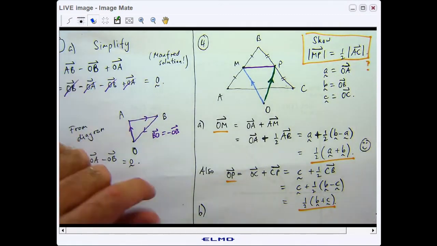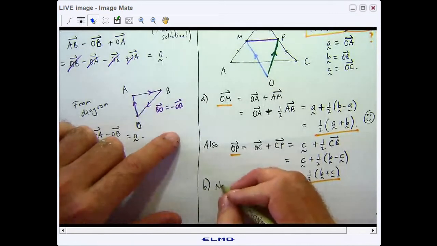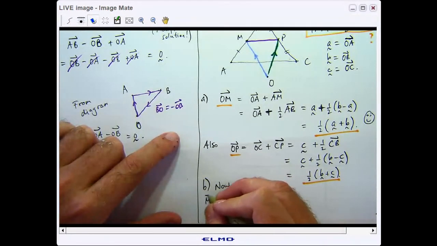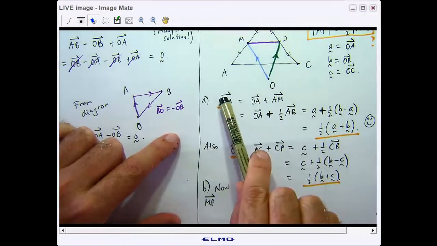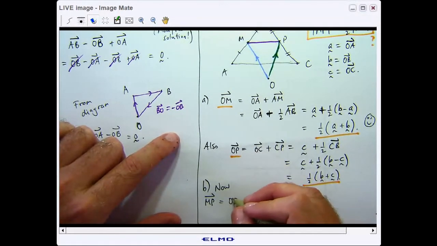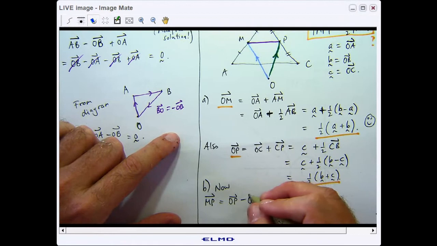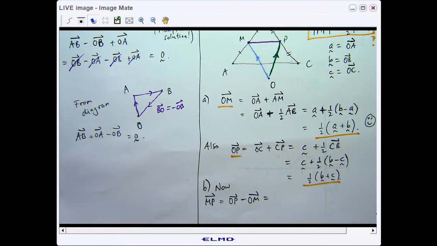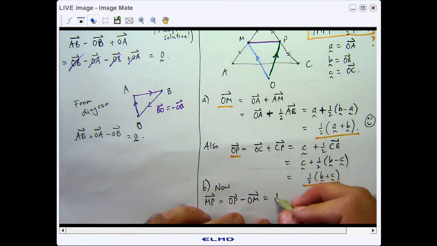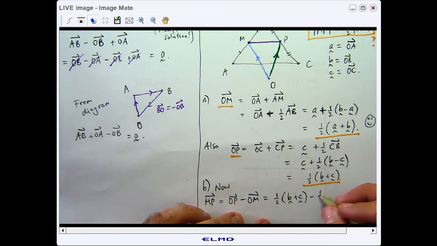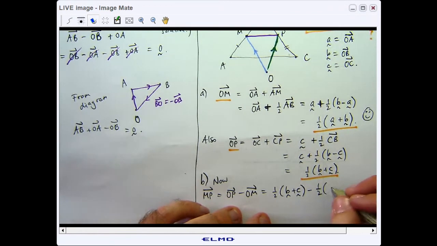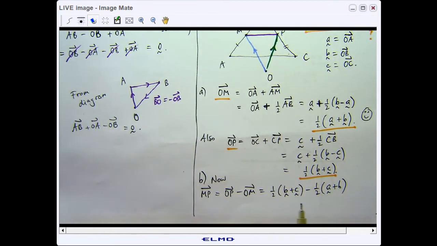Let's write MP in terms of the position vectors OP and OM. What is OP? OP is this. What is OM? OM is this. That's from part A.